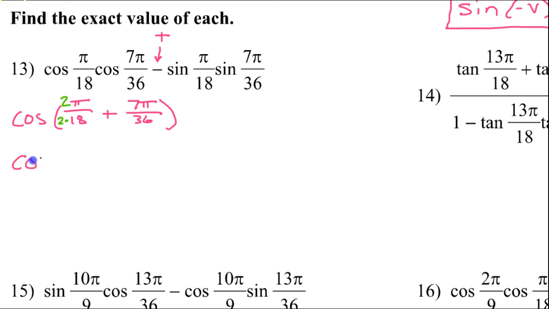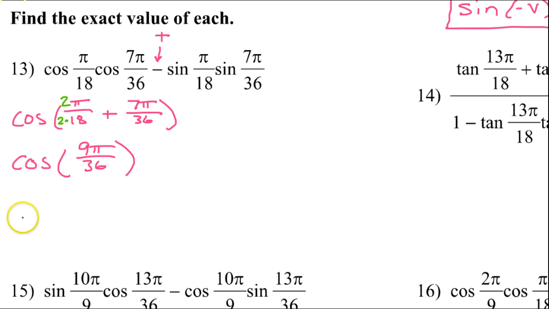So now I have cosine of 2 pi over 36 plus 7 pi over 36. Well, that would be 9 pi over 36. And 9 goes into 36 4 times.